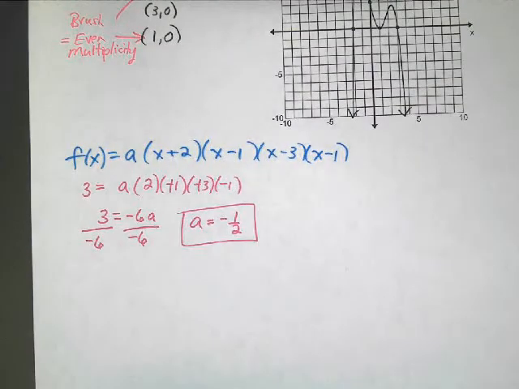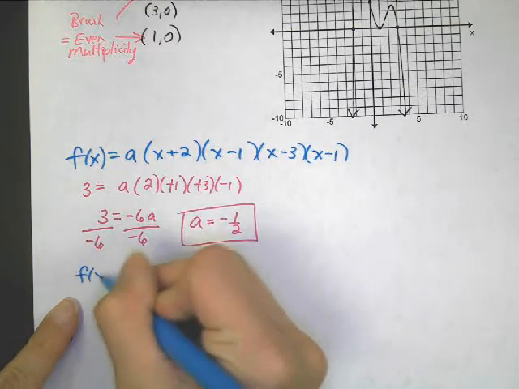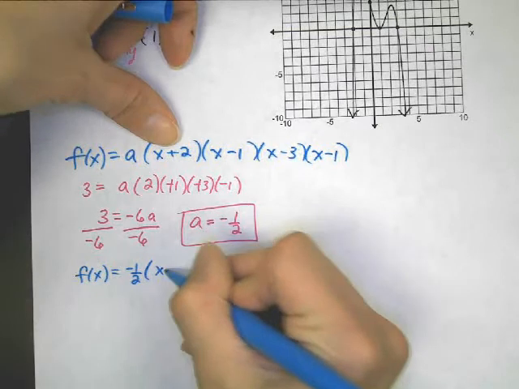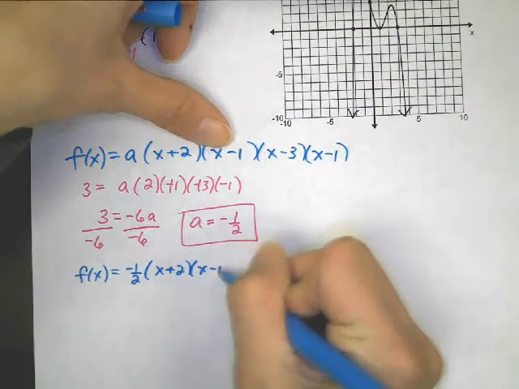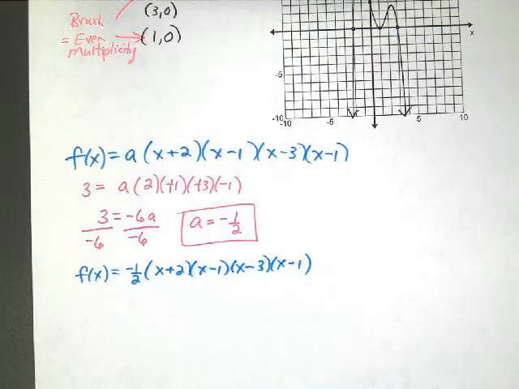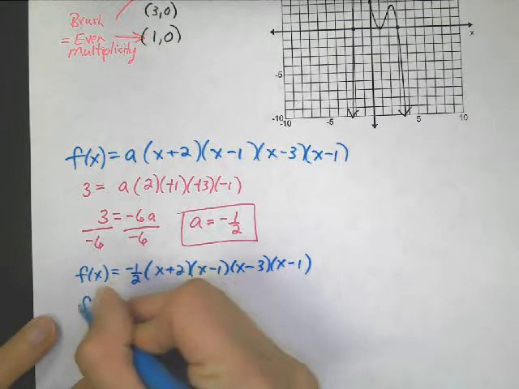Okay, so the polynomial is f of x equals negative 1/2, and then we write down all of the factors. And then we have to start multiplying. I don't see any conjugates, so it doesn't really matter how we do this. We just have to multiply 2 of them together.